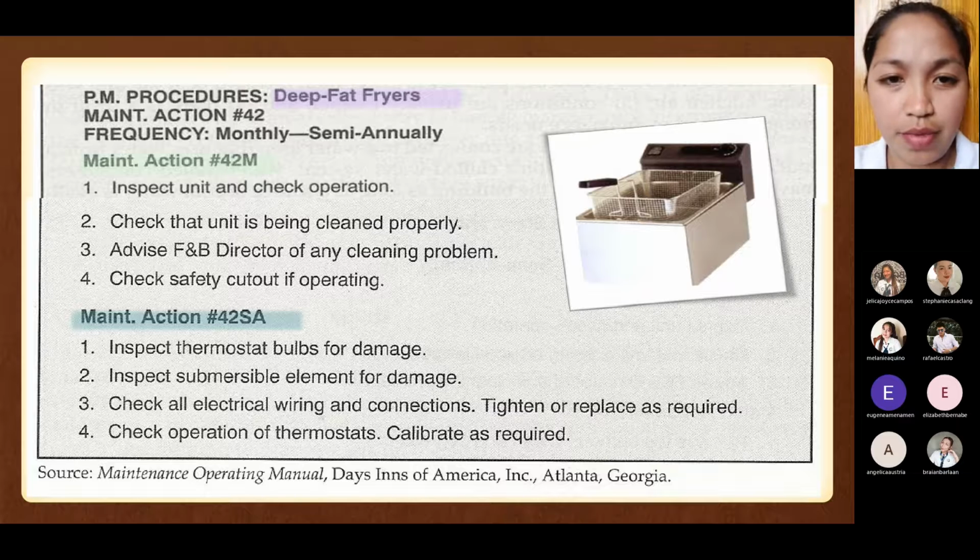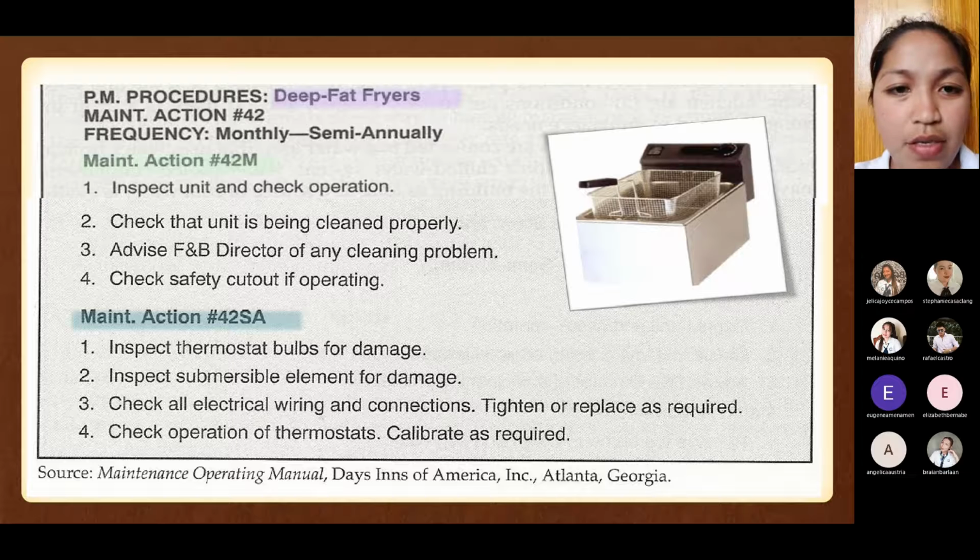Again, Jean Barameda. Deep fat fryer. This one is one of the examples again. Maintenance action, number 1, inspect unit and check operation. Check that the unit is being cleaned properly. Advise the F&B director of any cleaning problem.